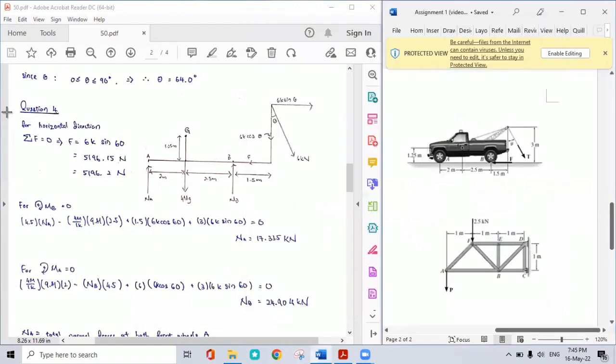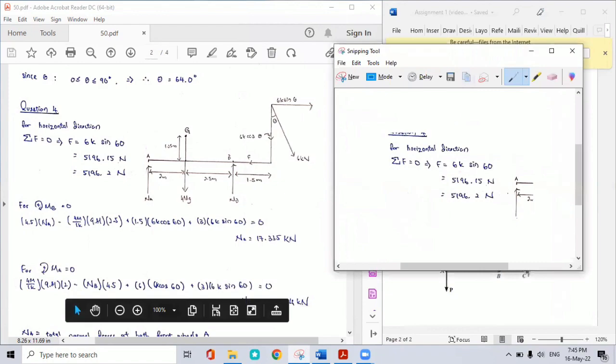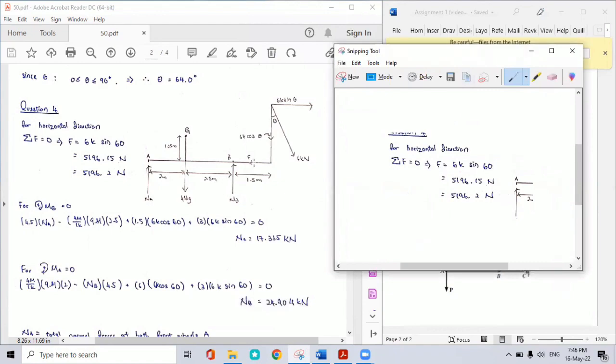For example, the sum of the horizontal directions is equal to 0. Therefore, F minus 6K sine theta is equal to 0. We can solve the equations, and then we will get the result.